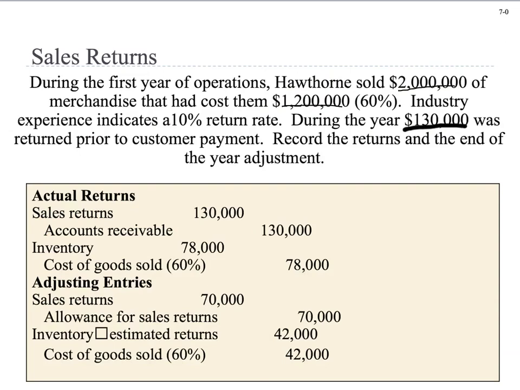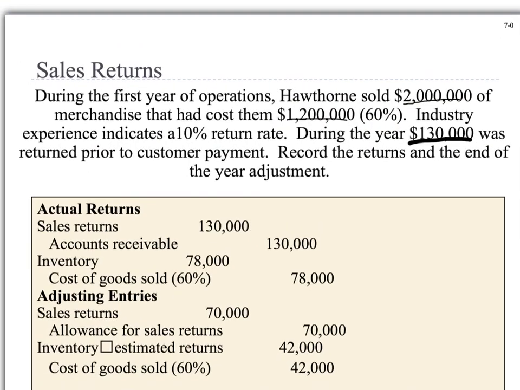Now, you are putting amounts back into inventory based on this 60% margin, right? So you had, if you're thinking about it like an income statement, you had $2 million.